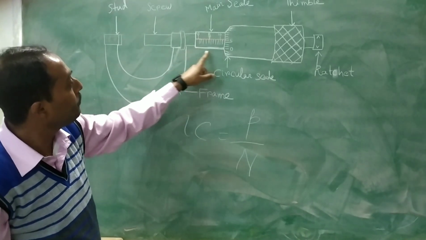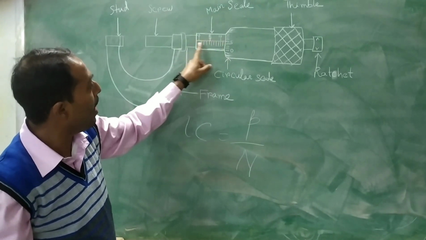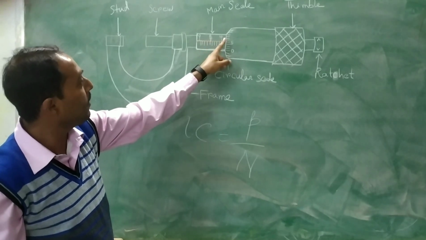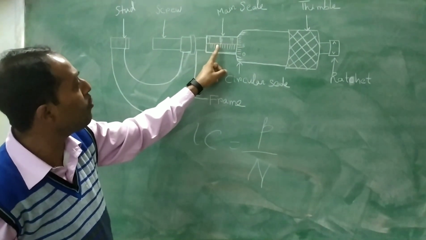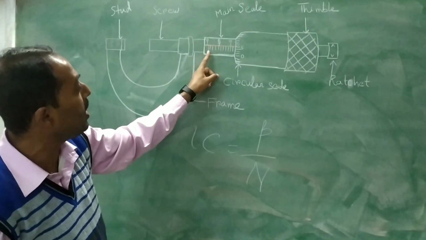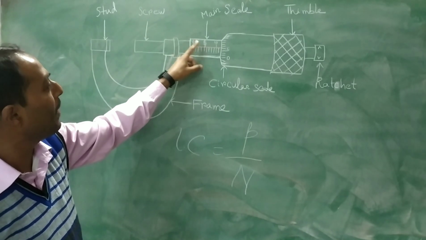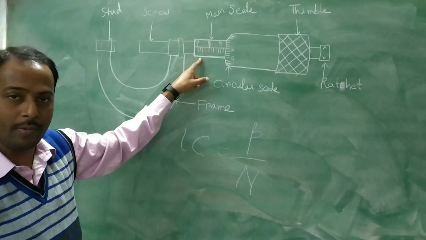So you can see that in the main scale there are different markings. Suppose this is 0 and this is 5 and this is 10, so the screw gauge is in millimeter. In between 0 to 5 there are other divisions, so you can calculate the smallest division of the main scale. In this particular case, it is 1 millimeter.